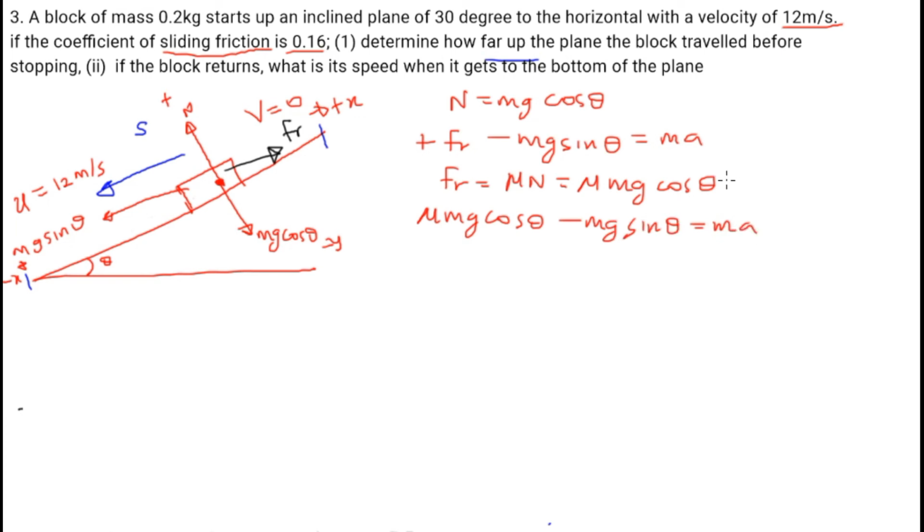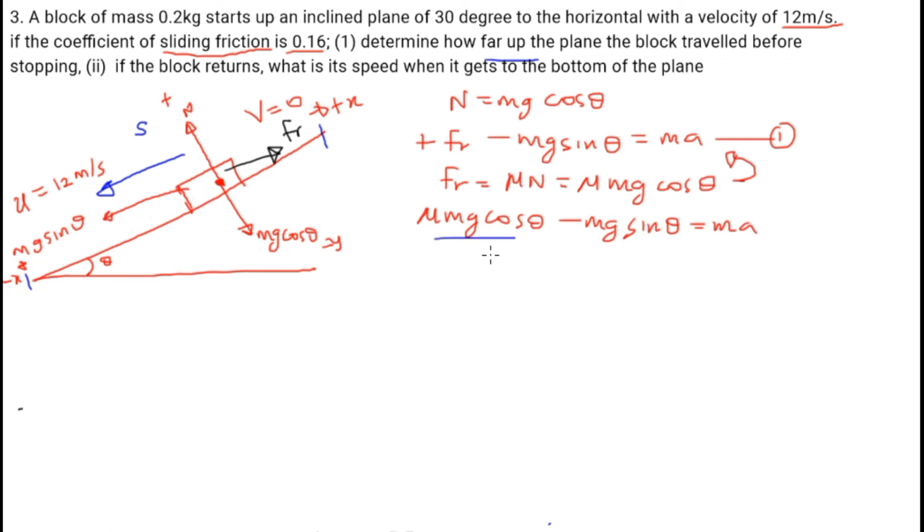That is, I substituted this right here into this equation. If this is equation 1, then I substituted fr, which is mu mg cos theta, into equation 1. Alright, so divide both sides by m.